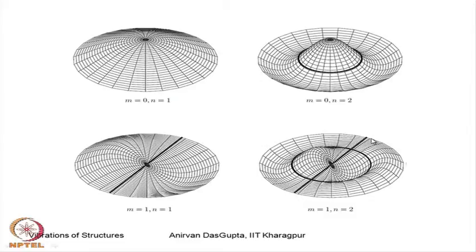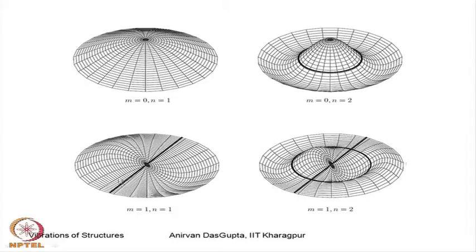Now, for m not equal to 0, say m equal to 1, these two modes are degenerate modes. Corresponding to omega 1 1, there are two eigenfunctions. How do these two eigenfunctions look? One is the cosine, the other is the sine, that is the only difference. That sets the orientation of this nodal diameter.